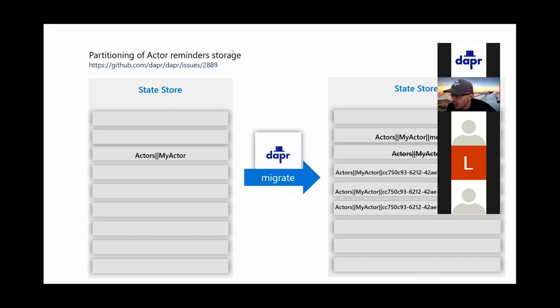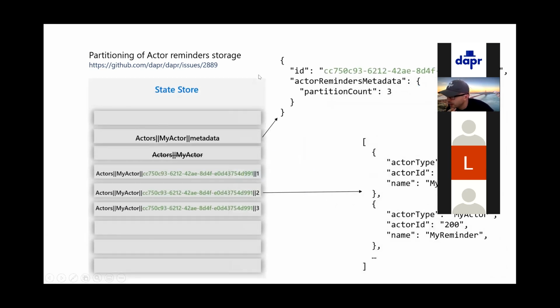And then you might ask, why not use the query state API? We want to have finer control on this. We want to make sure that the list is self-contained, so that we don't need to query and deal with eventual consistency or pagination when reading. This is a feature that we implemented for actors, and it can work for any state store, regardless of whether it has the query API or not. So we want to make sure we have that distinction of not using query.